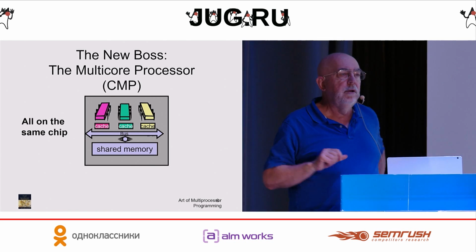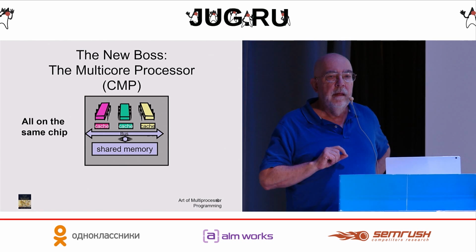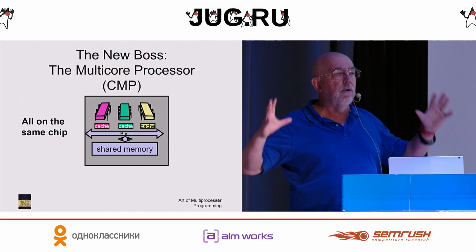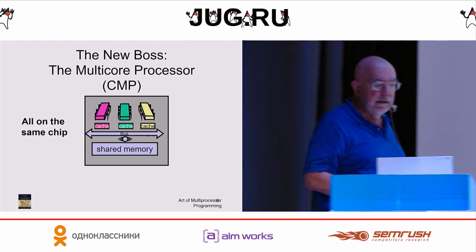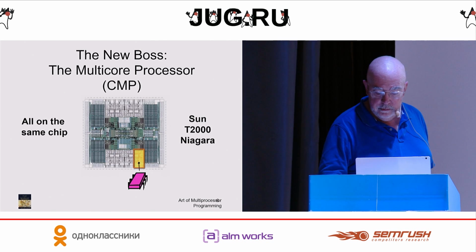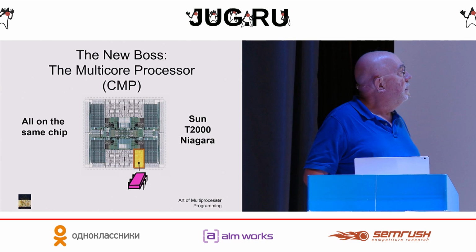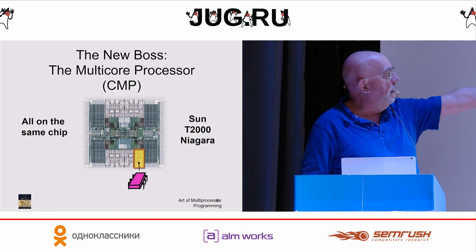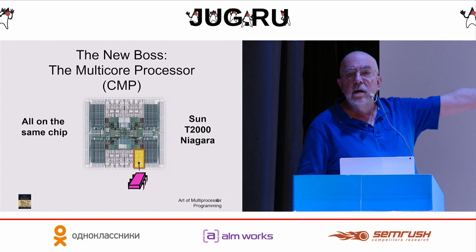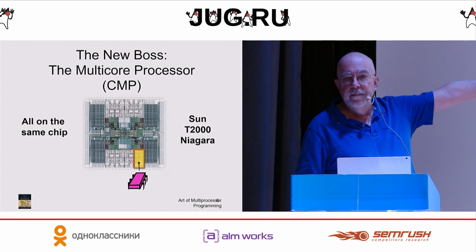Here you have multiple processors on the same chip. So the processors, memory, and caches are all together. What this looks like is something like this. The little rectangles at the bottom are the processors. Everything else is interconnect and memory.